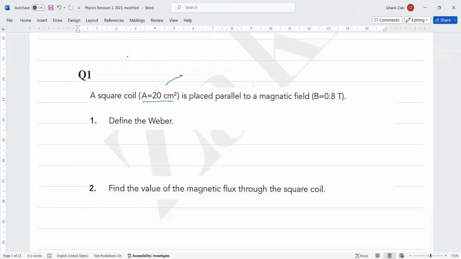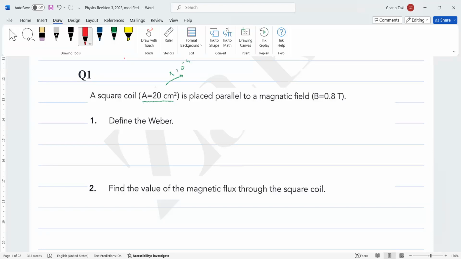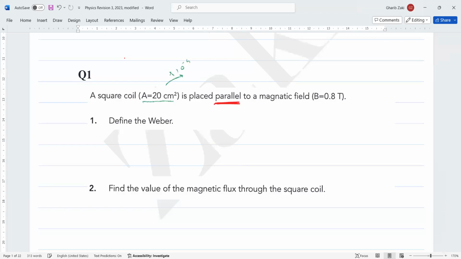From centimeter squared to meter squared, multiply by 10 to the power negative 4. Placed, can you see the word? Placed parallel to the magnetic field. So what is the value of the magnetic flux? Parallel means the angle theta equals 0.